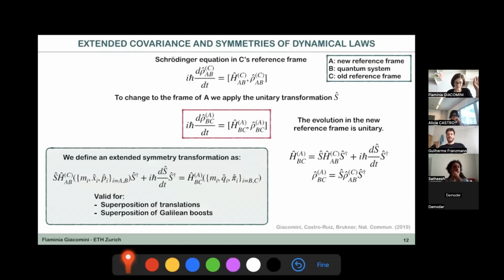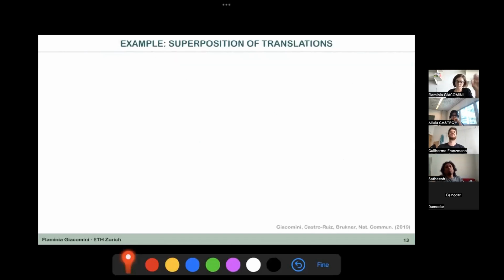Let us see what, and we find two generalizations of the translation and boost transformation that do this trick. I'm going to show you one now. So let's take the simplest example, that is the superposition of translations. So operationally, what this means is that we identify the quantum state of system A at time 0 as the center of our new quantum reference frame.